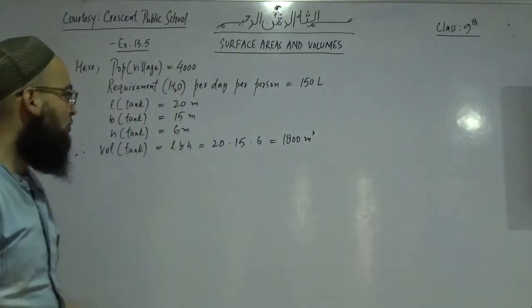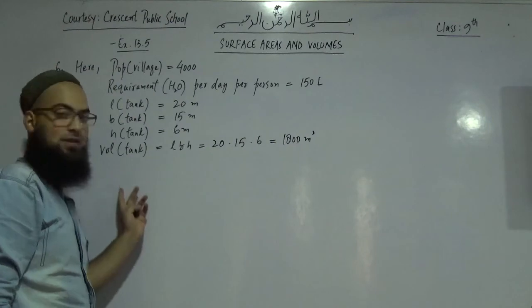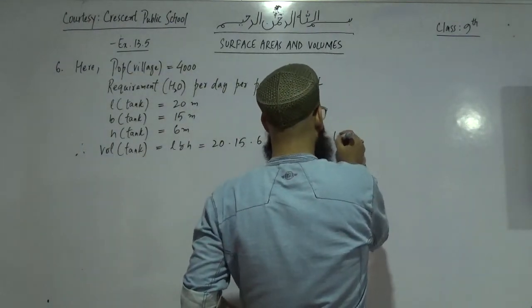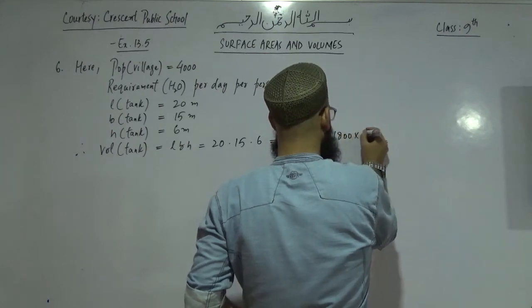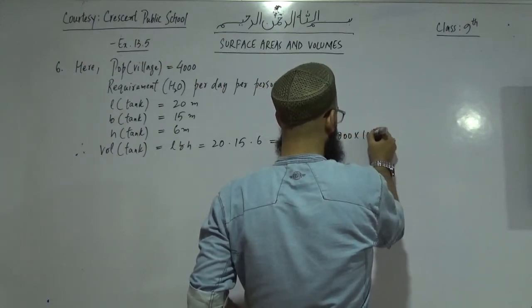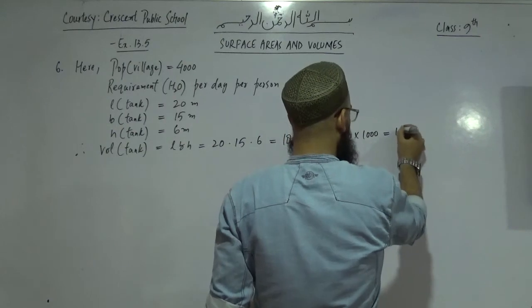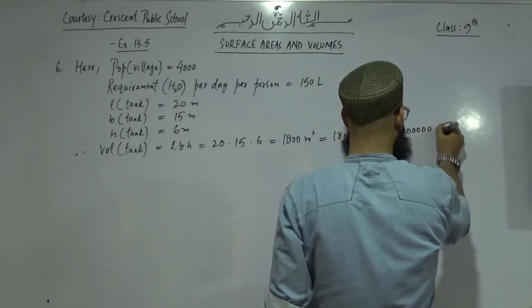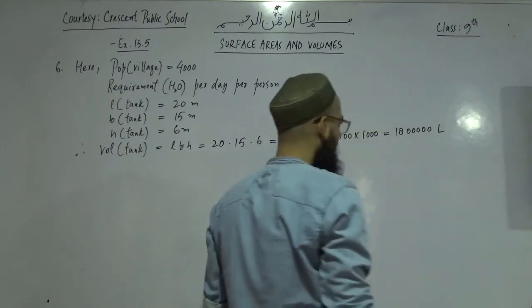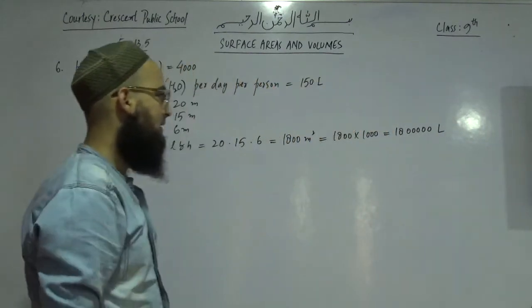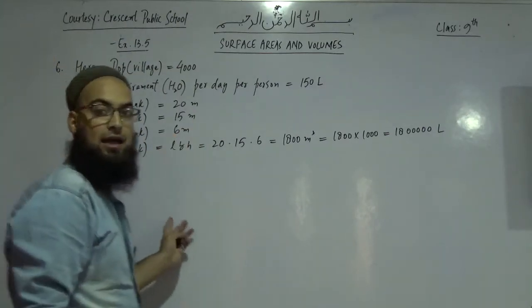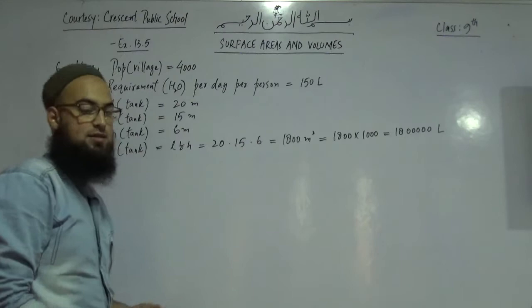Now 1800 cubic meters is the volume of this tank. Convert this in liters. 1800 times 1000. You'll get 18 lakh liters. Yes, 18 lakh liters is the volume of tank.